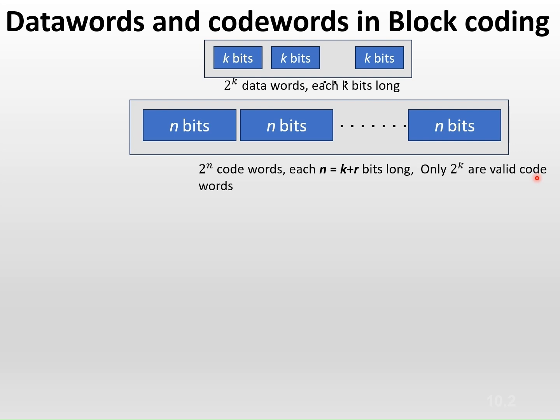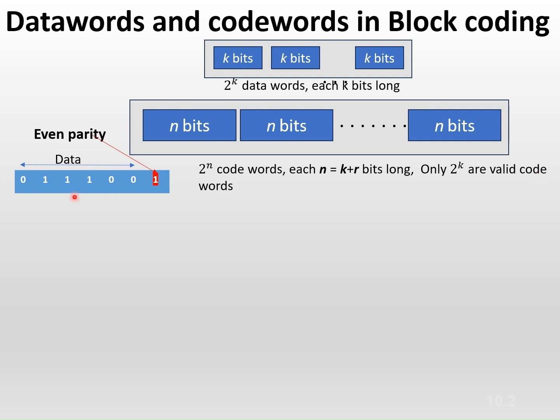So there could be 2 to the power n code words, but we need only 2 to the power k code words. So out of 2 to the power n possible code words, 2 to the power k code words are valid and others are invalid. Now the bit that will be added, the simple procedure is parity checking.